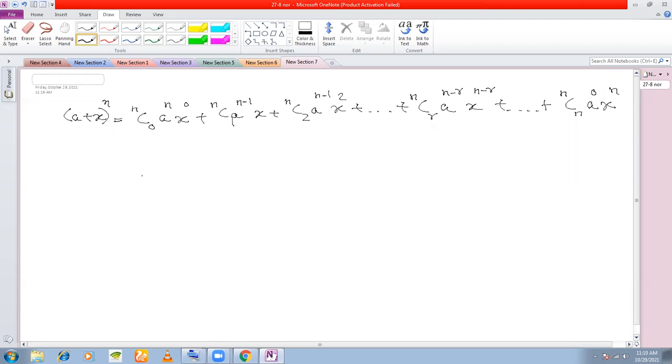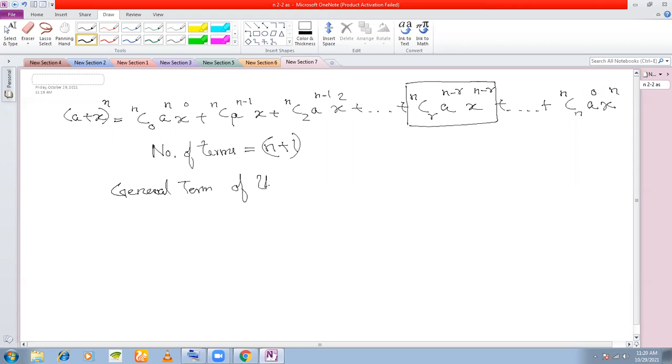Now I told you, if you remember, that the number of terms in a binomial expansion is n plus 1, isn't it? So if the power is n, the number of terms will be n plus 1. This term here is called the general term of the binomial. Okay, remember this. General term of the binomial. Also referred to as the rth term of the binomial.